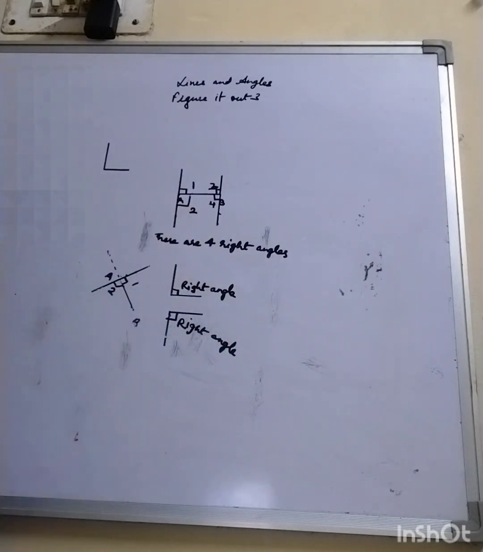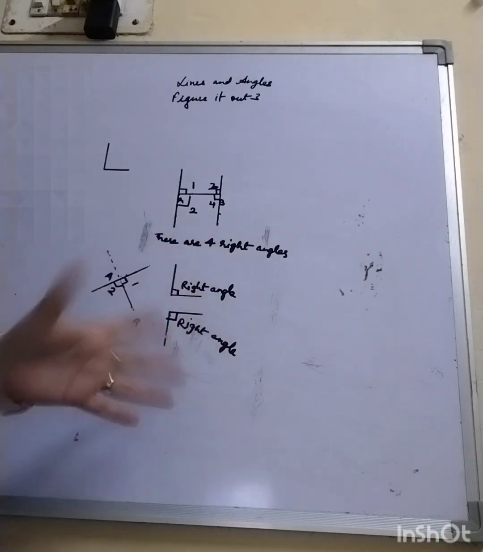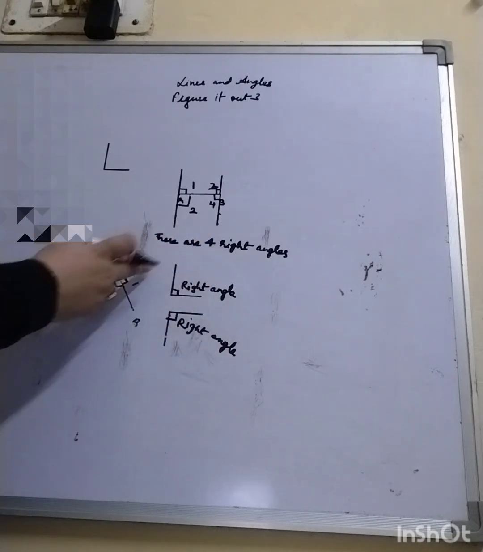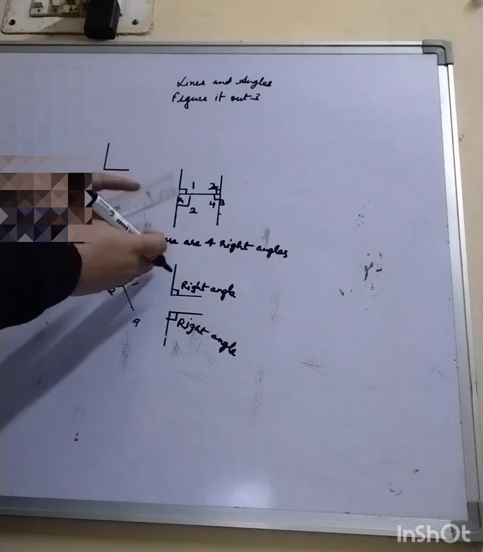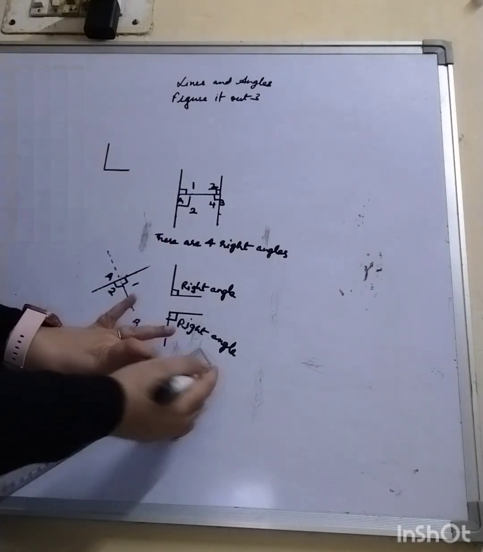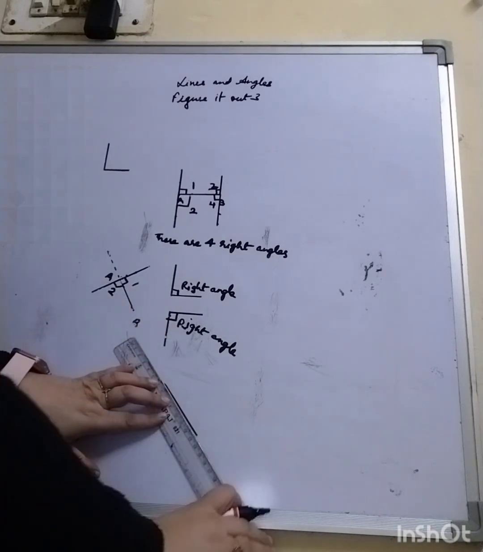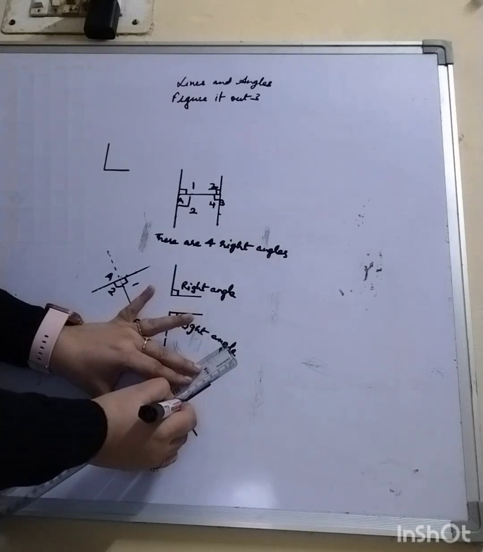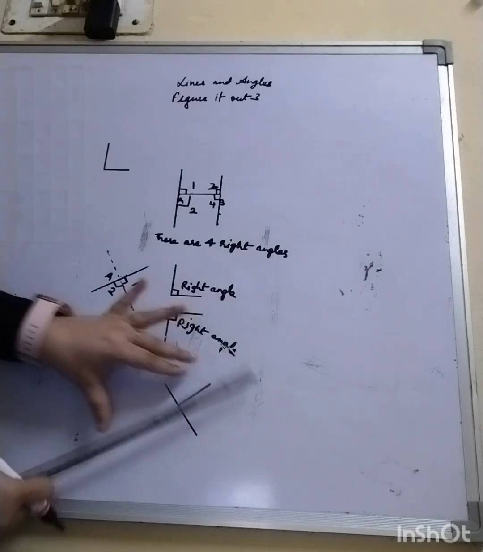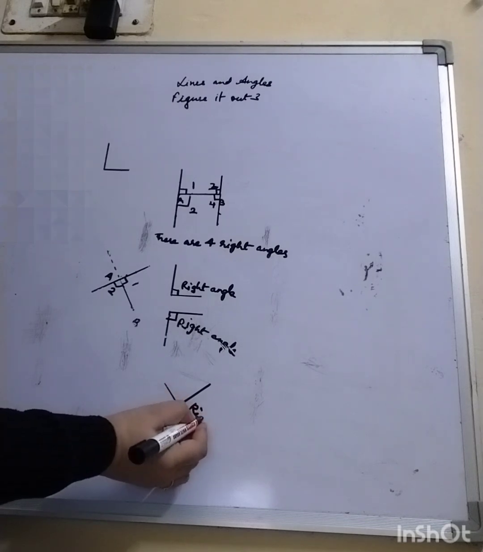So in your questions you can have any type of direction, and like here in the second part, what type of shape are you getting here? A slanting L. So you can have any orientation and the measure would be a right angle only.